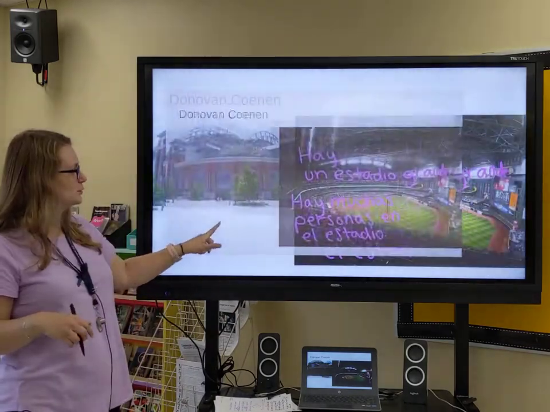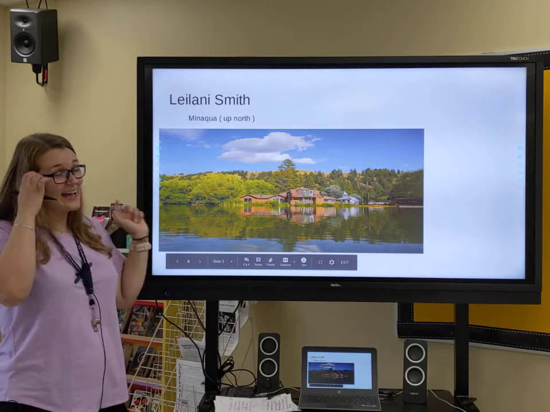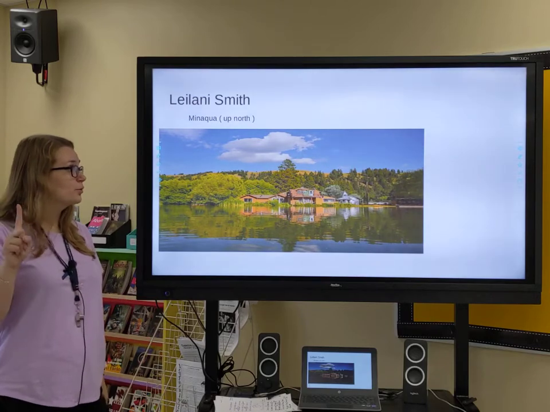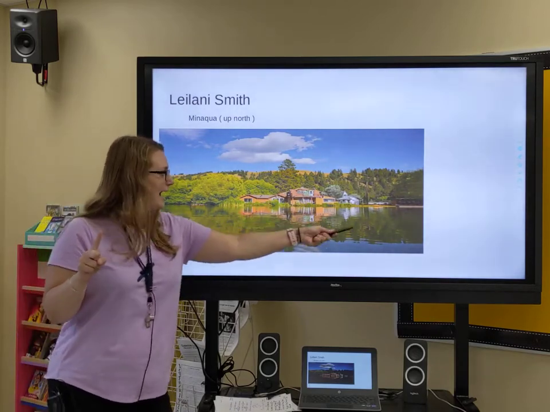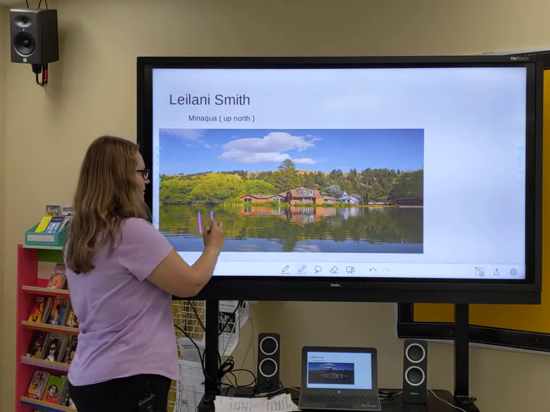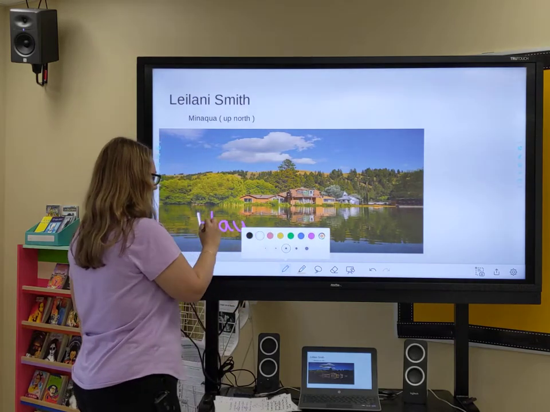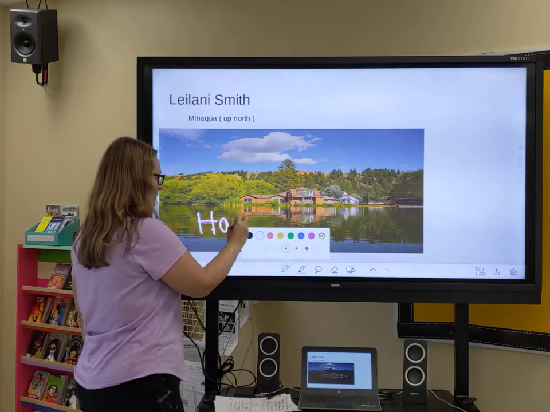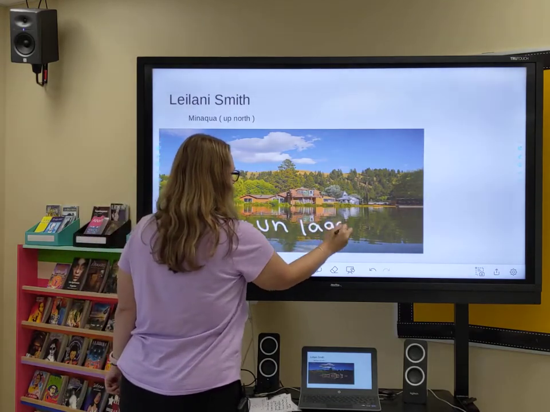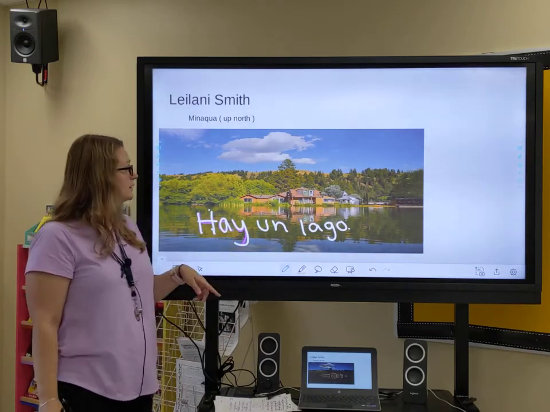All right, picture number 2, slide number 2. Es la foto de Leilani. So you should write her name down. Número 1, hay un lago. Hay un lago. It's hard to see. Hay un lago. So there is a lake.